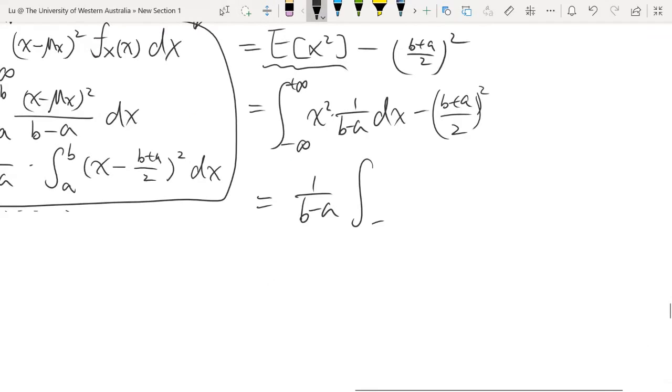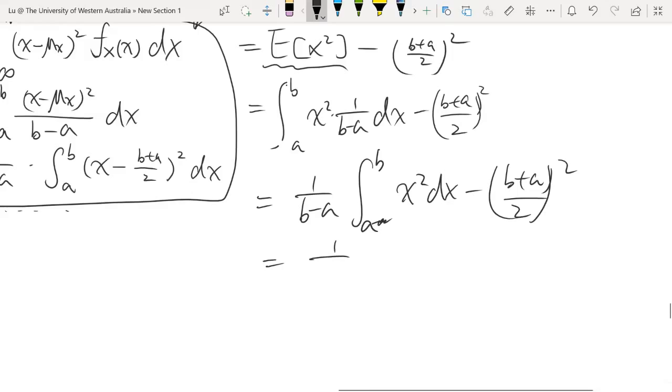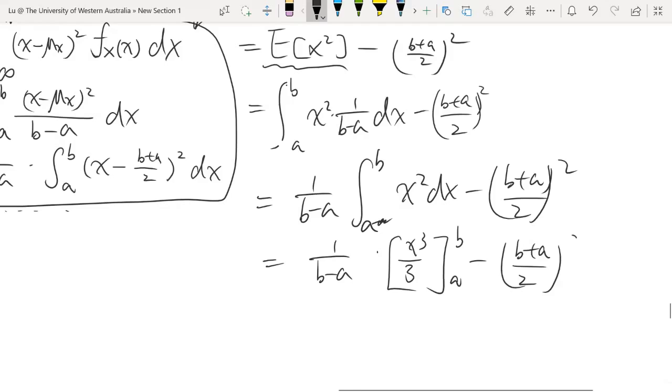I think you can do that by yourself. I just quickly write them down: a and b, and then x squared dx minus (half of (b plus a)) squared equals 1 over (b minus a) times x cubed over 3 from a to b, minus (half of (a plus b)) squared. And then you can finish your remaining steps. This should be pretty easy.